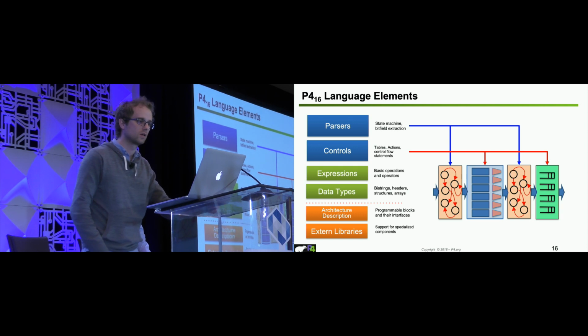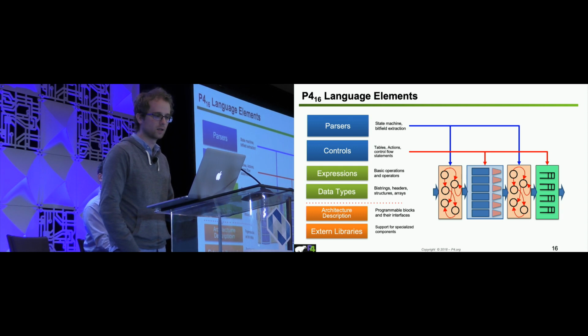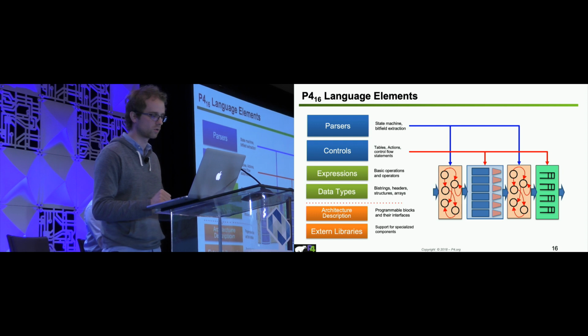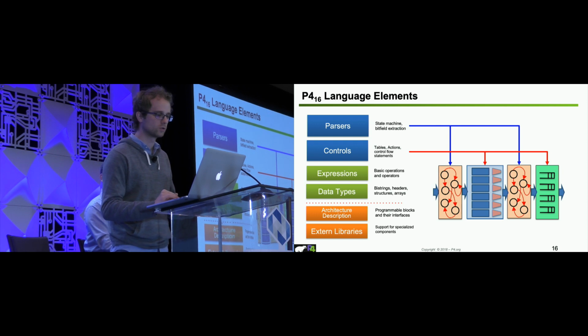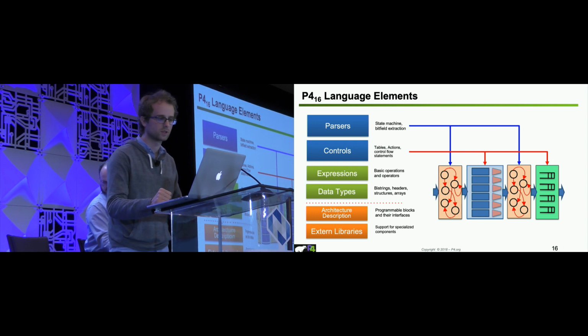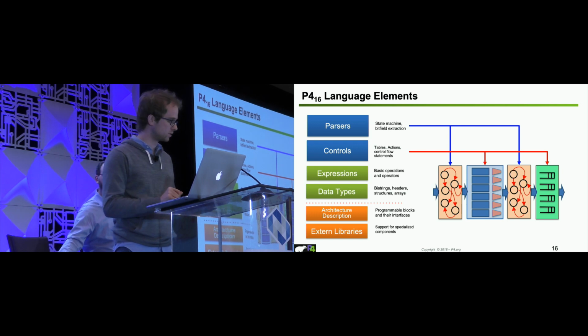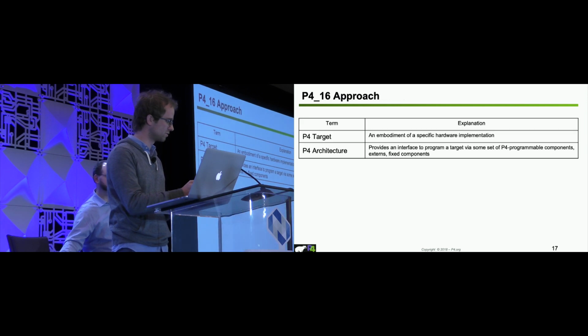So these are some examples of architectures that the p4.org community or specific vendors have developed, and those architectures are also open source in this case. The V1 model architecture is what Andy is going to be talking about afterwards.